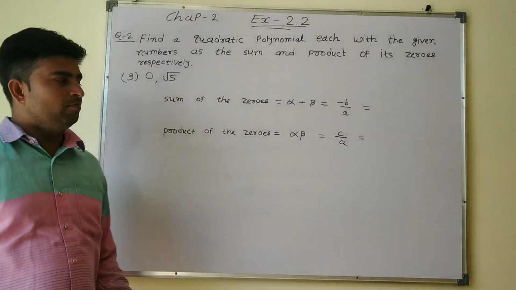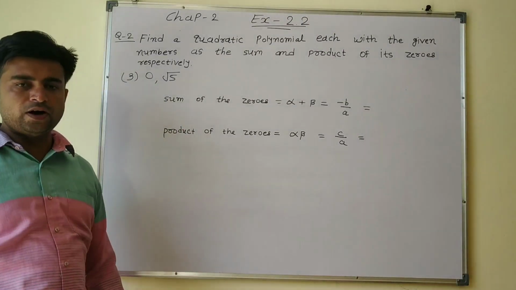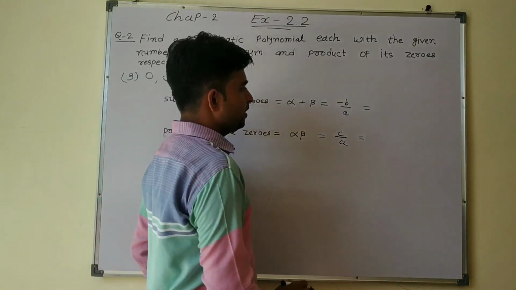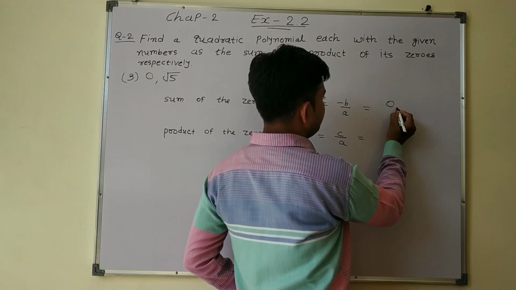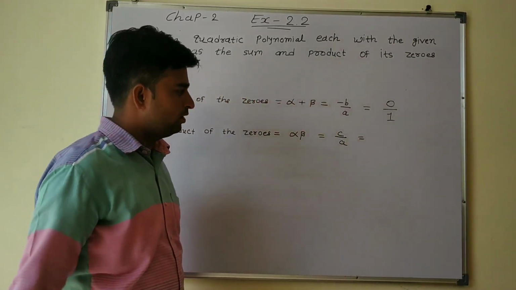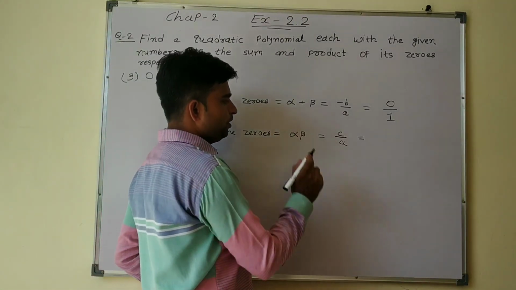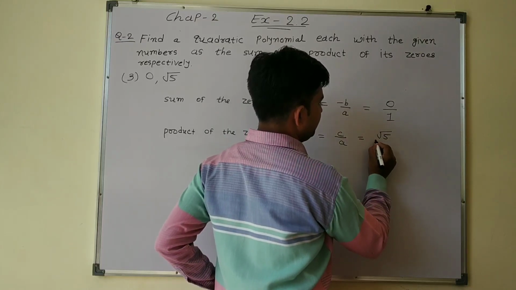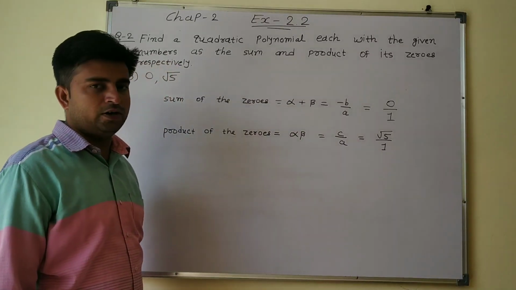Now let's see third number. In third number, 0, under root 5. So sum of the zeros is equal to alpha plus beta is equal to minus b by a, and is equal to 0 upon nothing. So we can write what? Then product of zeros is equal to alpha into beta is equal to c upon a, and is equal to under root 5 and upon nothing given, so under root 5 upon 1.